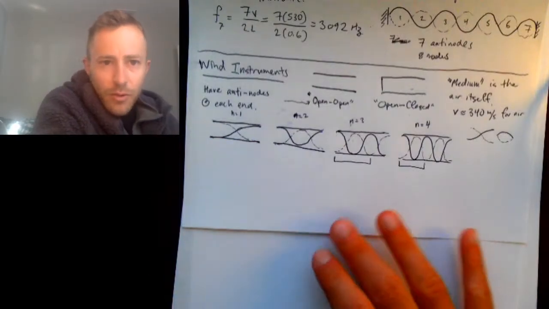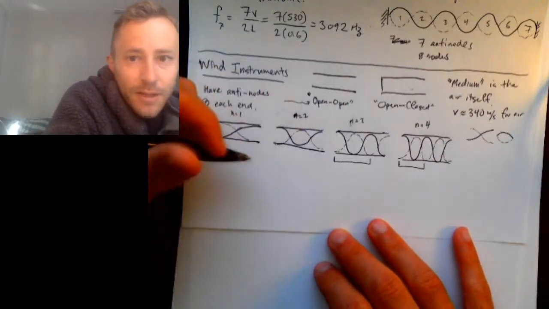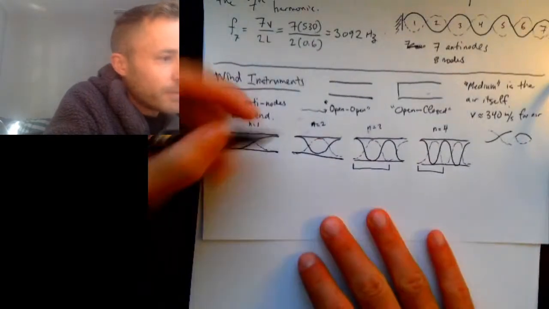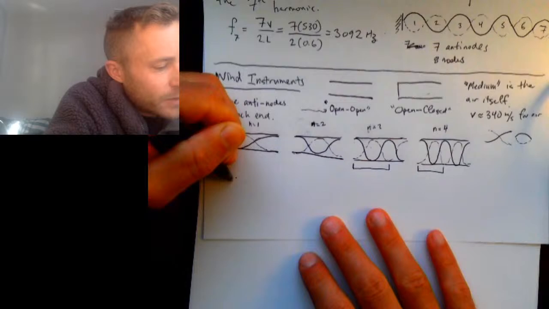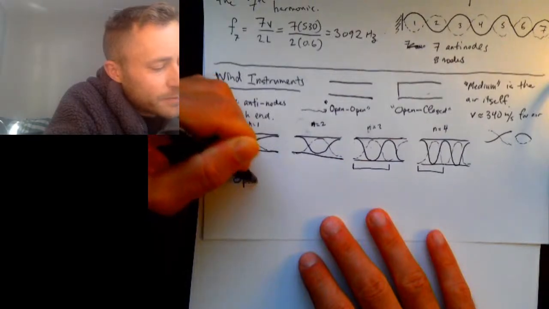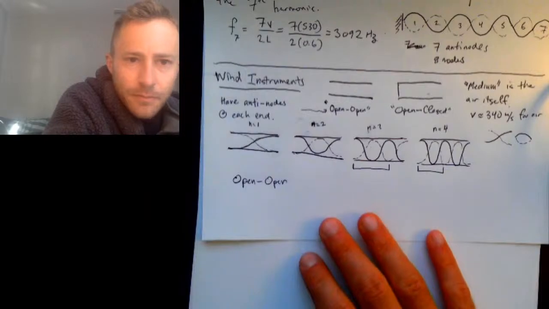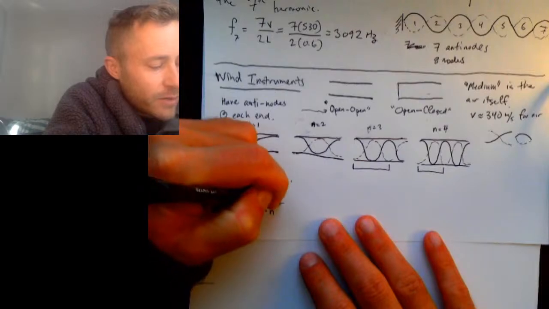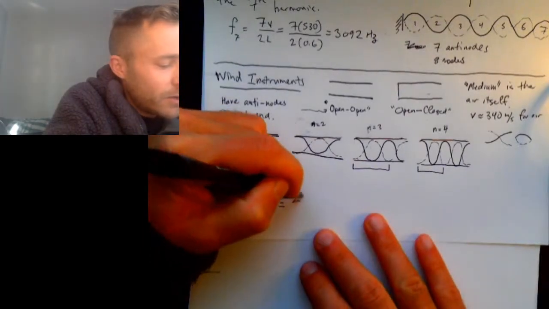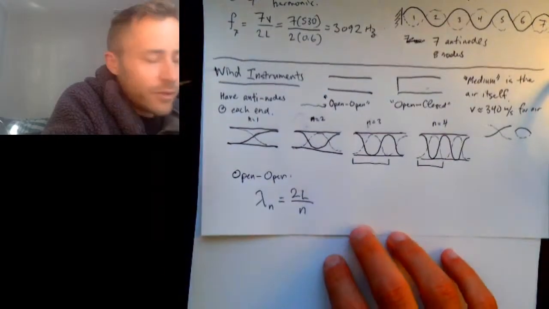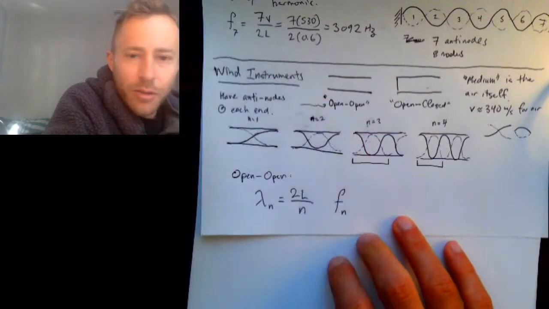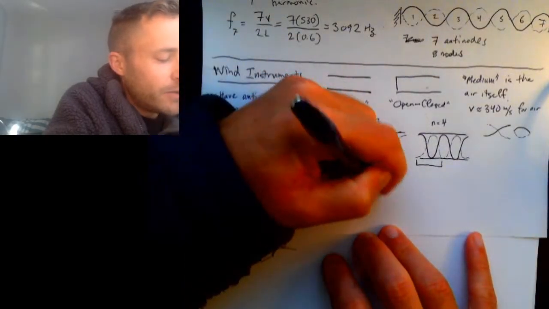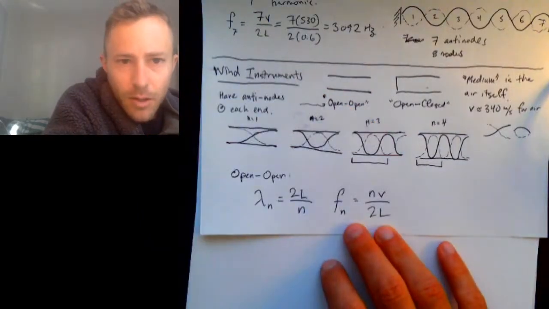Now, I'm not going through this very carefully because if you work it out, it's the exact same formula. So for open instruments, you have the exact same formula. The wavelength of the nth harmonic is 2L over n, and the frequency of the nth harmonic is nv over 2L. All right?